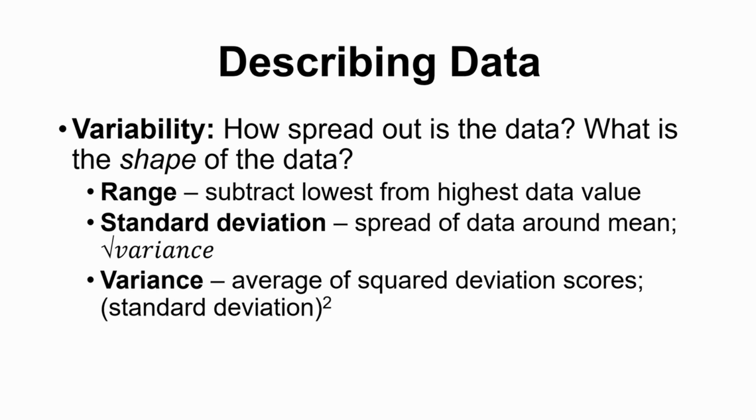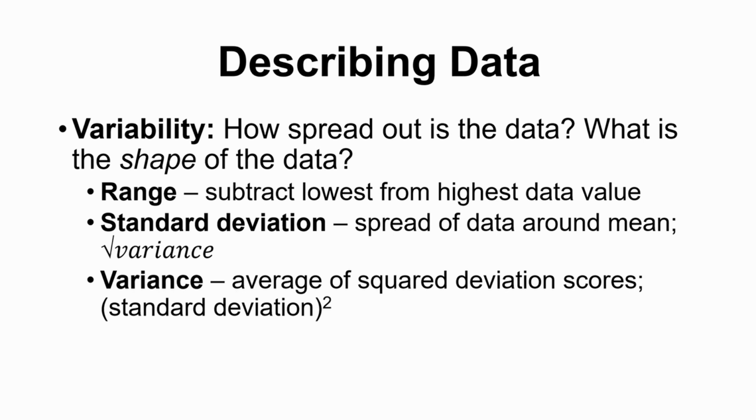There's a couple of different ways that you might have seen this. You've probably heard the terms standard deviation and or variance. Those two are directly related to one another, where the standard deviation is the square root of the variance, or the variance is the standard deviation squared. And there are ways to calculate that out. That's just not something that we need for this class.